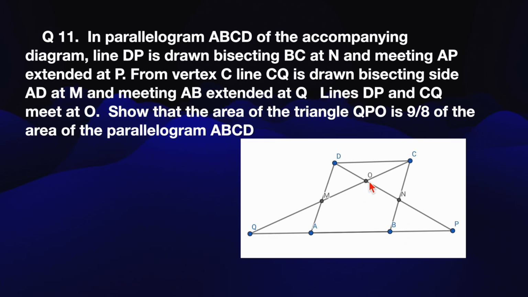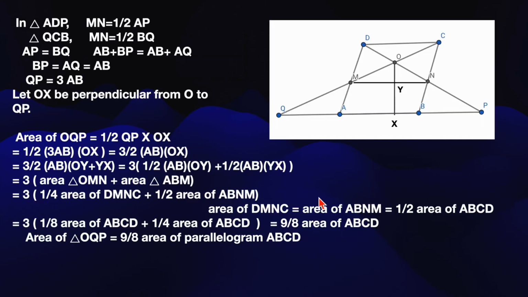We have to prove that the area of triangle OQP is equal to 9 upon 8 the area of this parallelogram ABCD. So area of OQP is equal to 9 upon 8 area of ABCD. We are going to prove that. It's a very simple sum. Just be attentive. It will be easy.